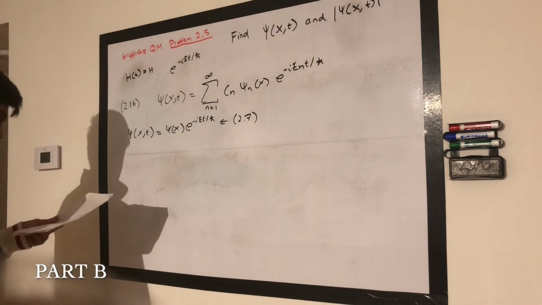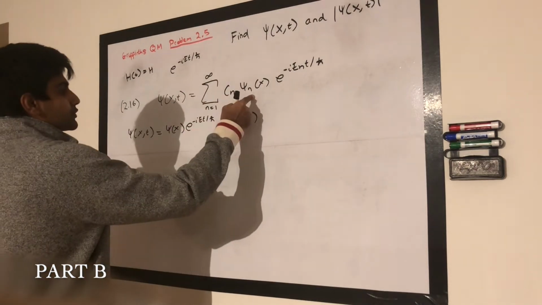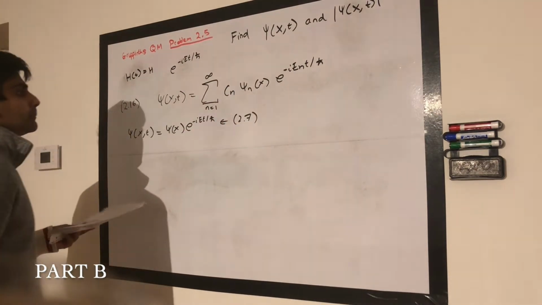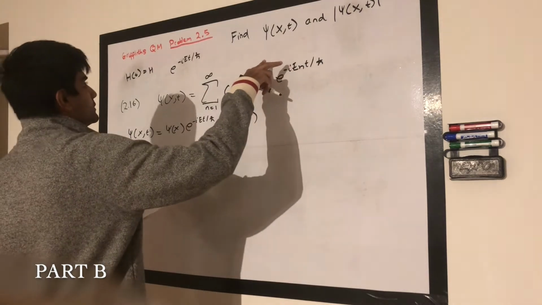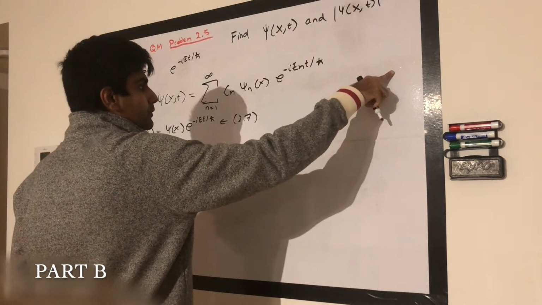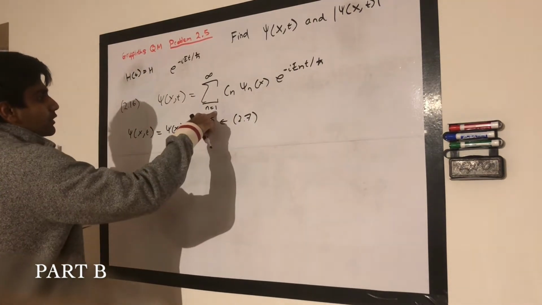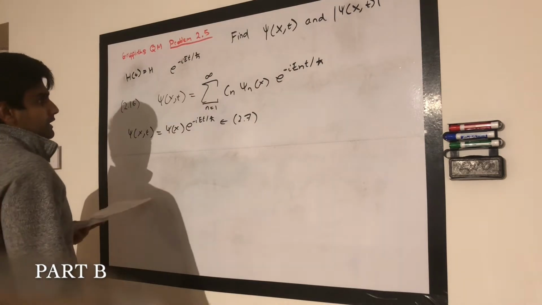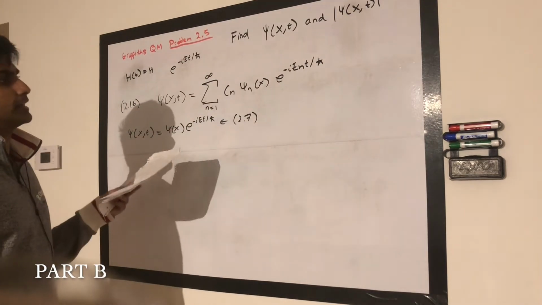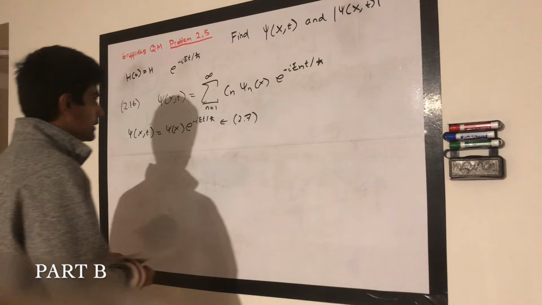So the goal now would be to apply the evolution operator on this state. But what we find is that because we're only using the number 1 and number 2 state, we have n going from 1 to 2. So that actually simplifies our expression a lot, and it allows us to solve this analytically.